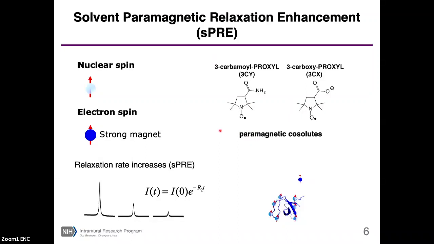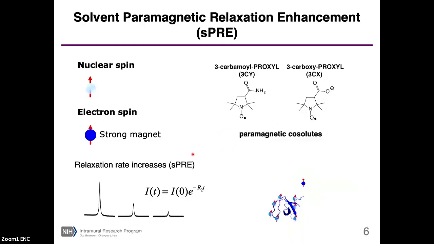If you imagine these solutes moving around the proteins like this, it's like strong magnets moving around the proteins, generating a fluctuating magnetic field. This field is sensed by the nuclear spins on the proteins, and it changes some properties of the nuclear spins, including relaxation rates. In fact, if you add these paramagnetic solutes to the protein system, the relaxation rate significantly increases.